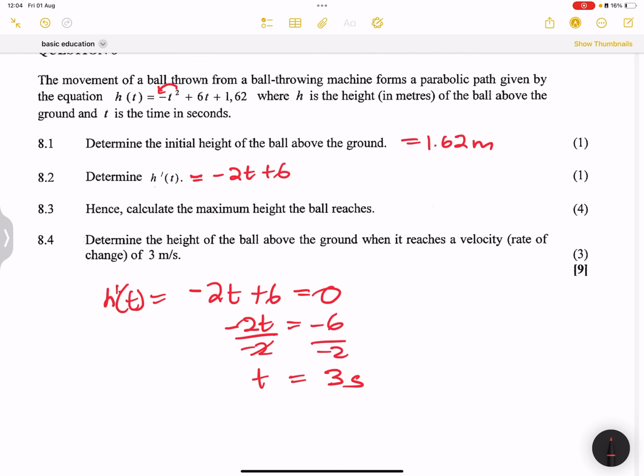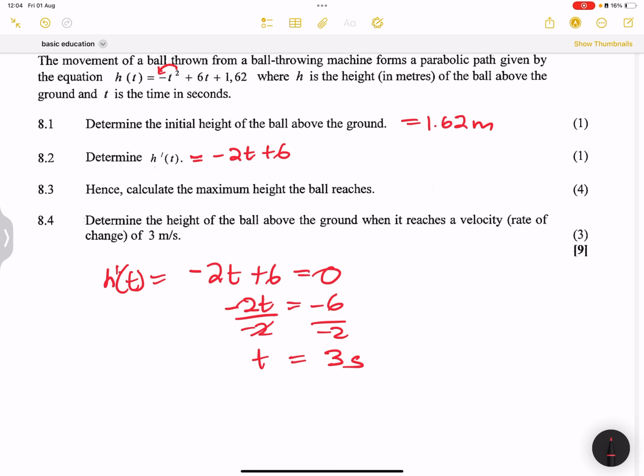So in this case, I'm not interested in the time. I want the height. So what would be the height at 3 seconds? So please remember to substitute back into the original equation, not the derivative. Okay, so that's minus 3 squared plus 6t, right? 6 times 3, that's plus 1.62.